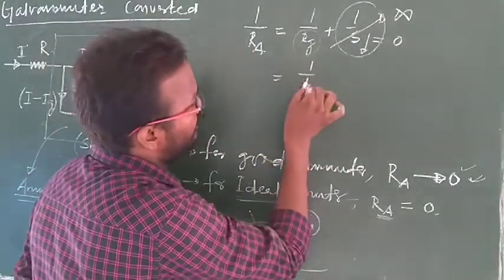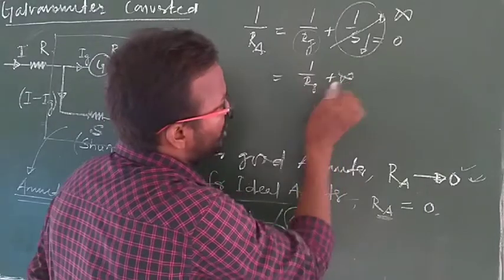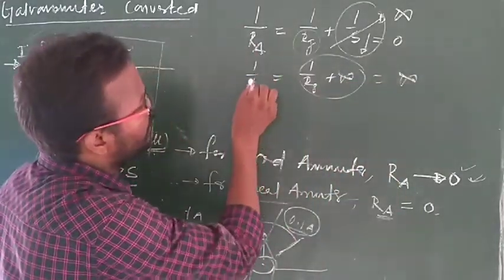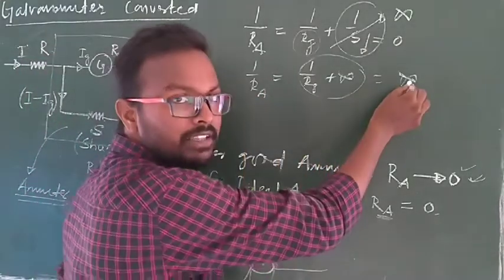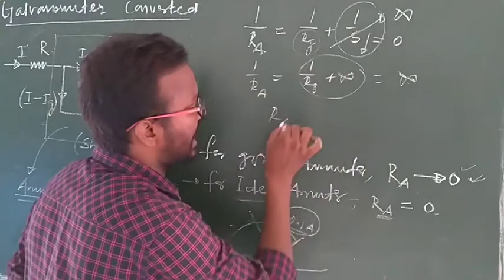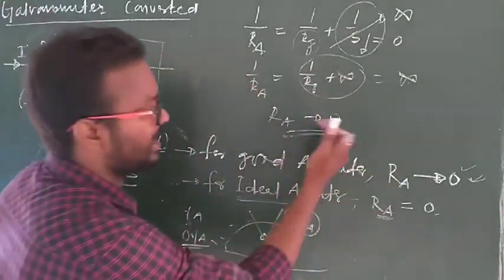That means 1 by Rg plus infinite plus something is equal to infinite. So here 1 by Ra is equal to infinite. That means Ra tends to 0, or Ra equal to 0.